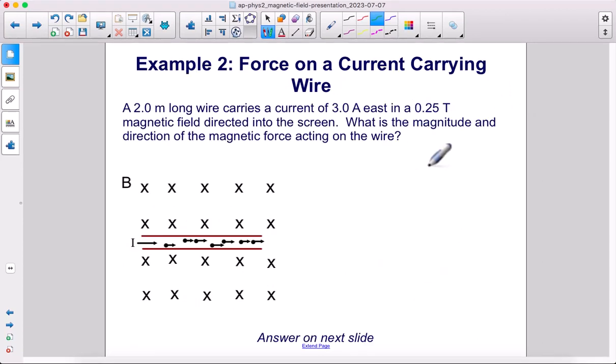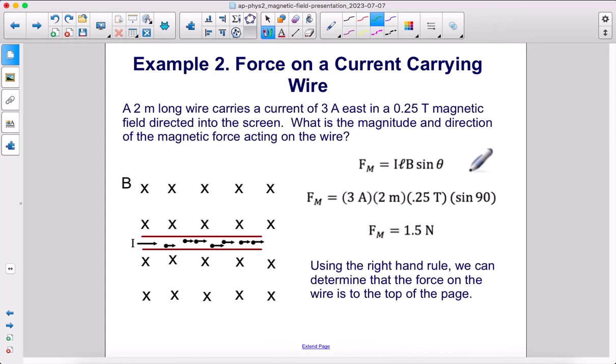A 2-meter long wire carries a current of 3 amps east in a 0.25 Tesla magnetic field directed into the screen. What is the magnitude and direction of the magnetic force acting on the wire? First, to calculate the magnitude, we are going to use ILB.